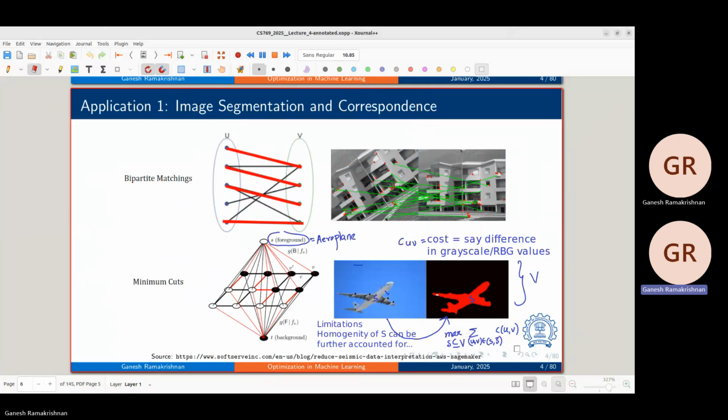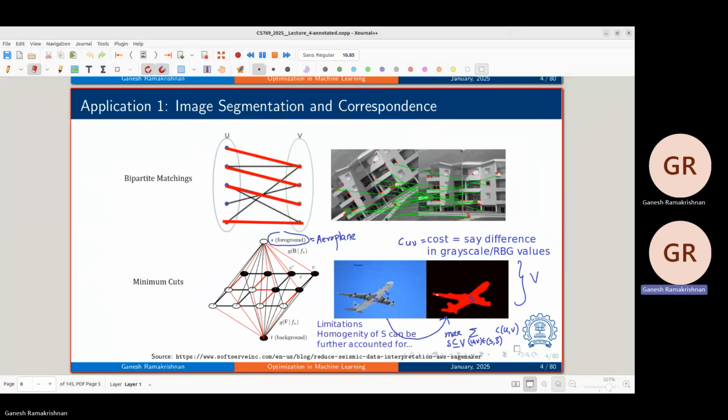What would I like? I would like all the pixels within S to be as similar as possible, which means the dissimilarity should be low. Or the other way of putting it is to maximize the dissimilarity between pixels within S and pixels outside S.